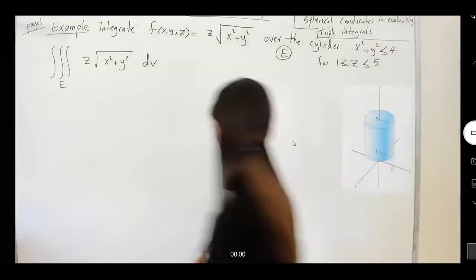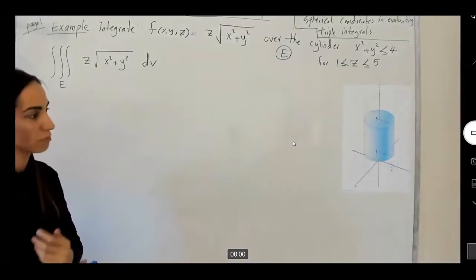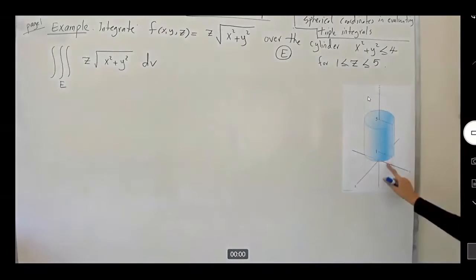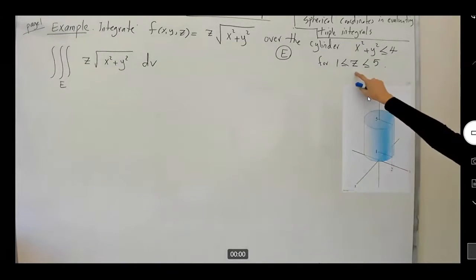Okay, perfect. So what is this shadow or the projection in the XY plane? It seems like a circular region. Okay, let's get back to the region here.